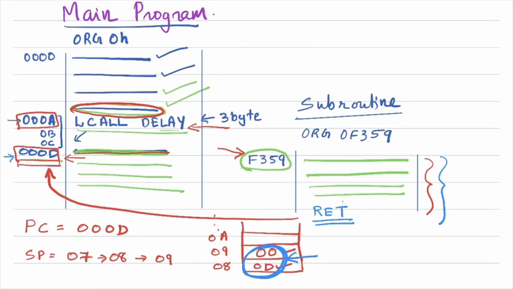Let us understand this with the help of a program written using the Keil software. We will see the live execution of that particular program and see how the program counter, the stack and the stack pointer contents are all changing based on the call and return instructions.